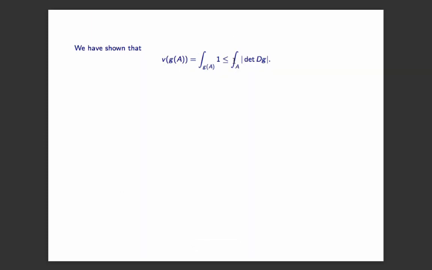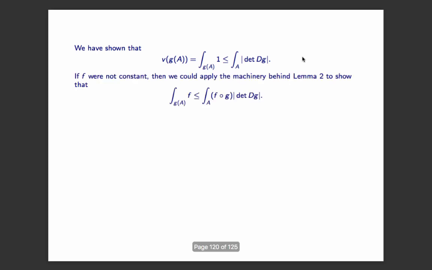So we have this result. The volume of g of A, which is the integral over g of A of 1, is less than or equal to the integral over A of the absolute value of the determinant of my change of variables.